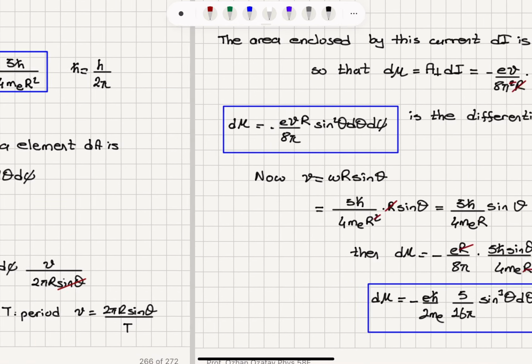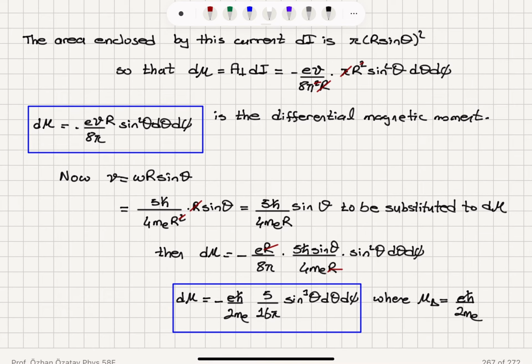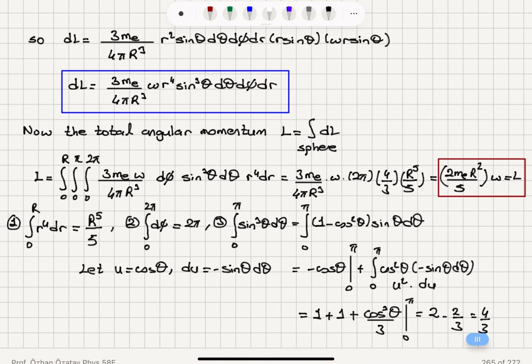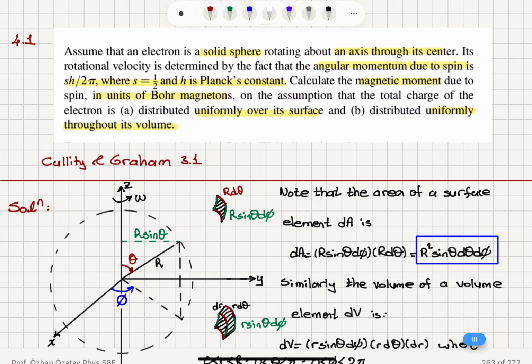With that current contribution, I look at the area enclosed by this current, which is pi times (R sine theta) squared, and calculate the magnetic moment of that current loop. This current loop produces a magnetic moment, the current that flows multiplied by the perpendicular area. With the right hand rule, you can see the area vector points up.